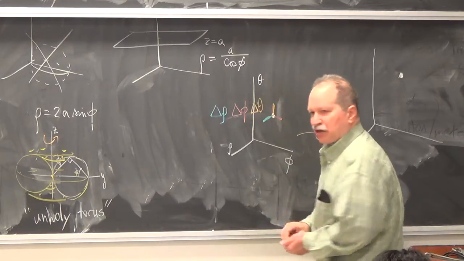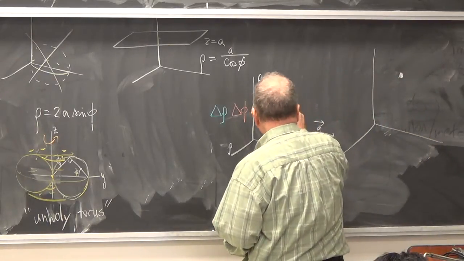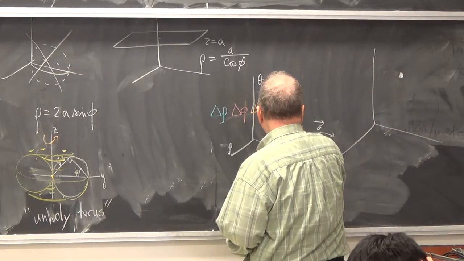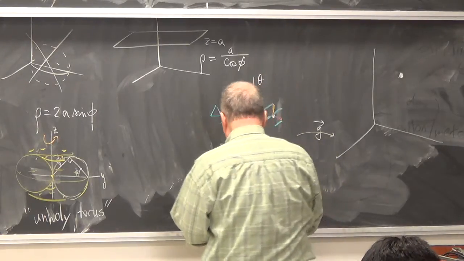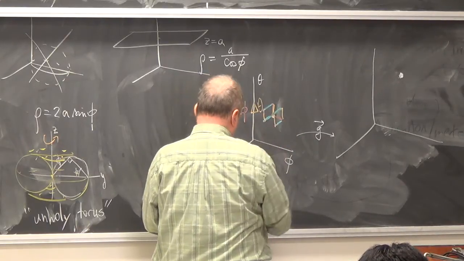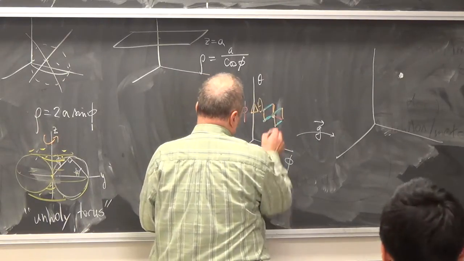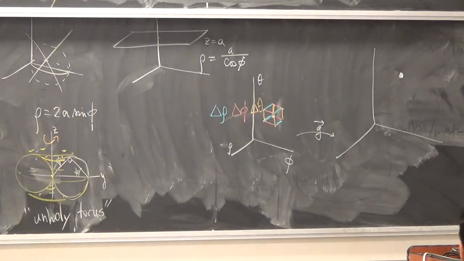That makes a 3D box, right? You'll have blues going that way, oranges going this way, and pinks or reds or whatever that is going this way. Got a little chunk of rho phi theta space.